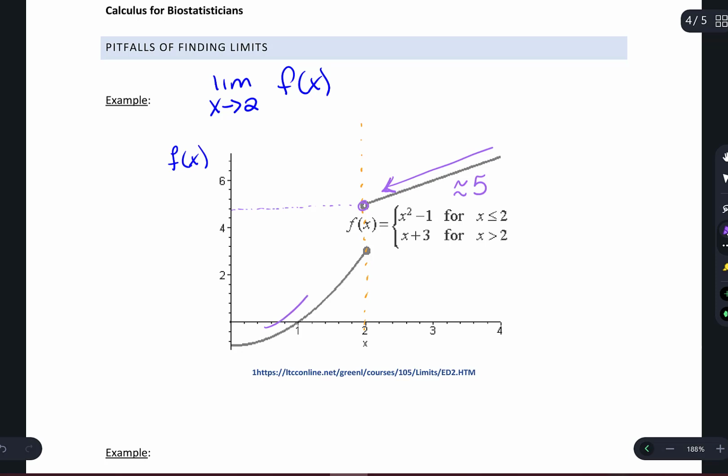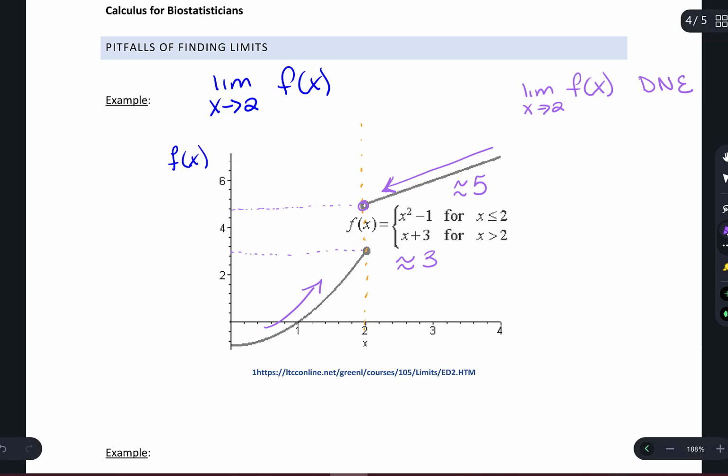Whereas if we approach from the left, we see that the function is approximately equal to 3. So notice, since the limit from the right is approximately 5, and the limit from the left is approximately 3, in this case, the limit as x approaches 2 of f of x does not exist.